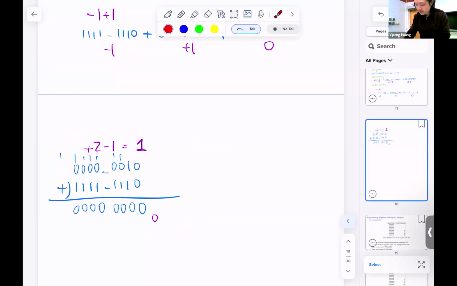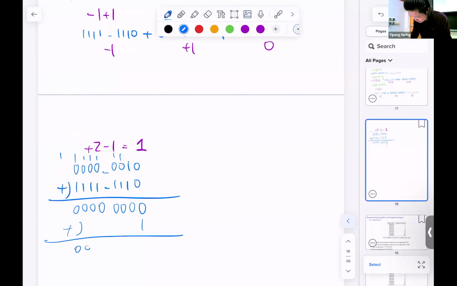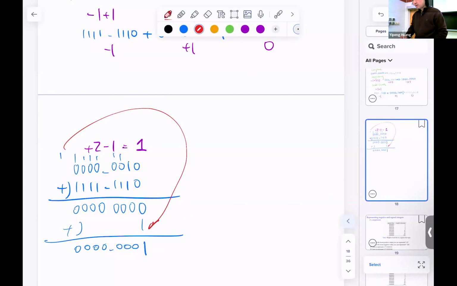Because of that 1 that carried out, I need to fix it up by adding 1 to get addition to work soundly. I'm just going to emphasize that there. This is called carry wraparound. Any questions here?